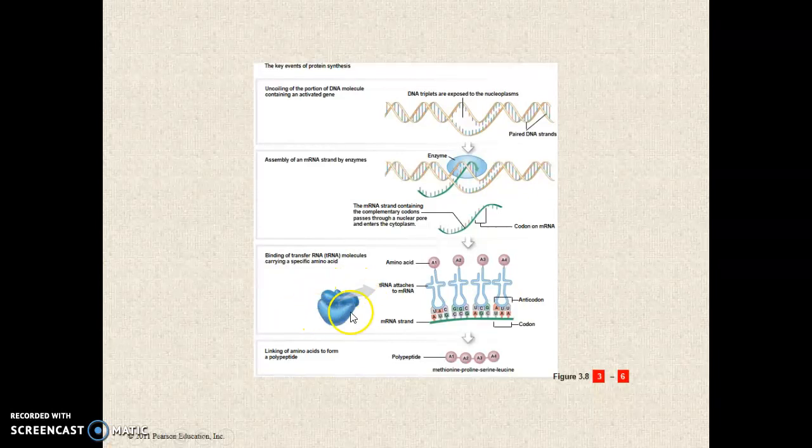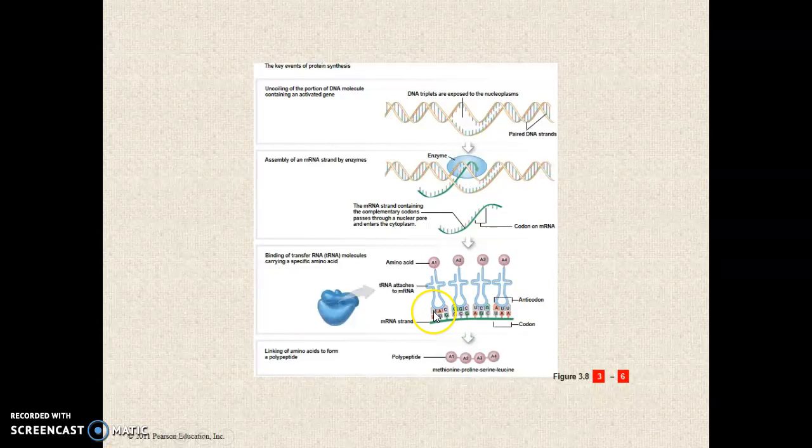So all the enzymes to make proteins are inside that ribosome. So here is our messenger RNA. We'll pretend it's in the ribosome. You can't see it if it's in the ribosome. So here are the codons of the messenger RNA. The way the correct amino acid comes over is transfer RNA has an anticodon.